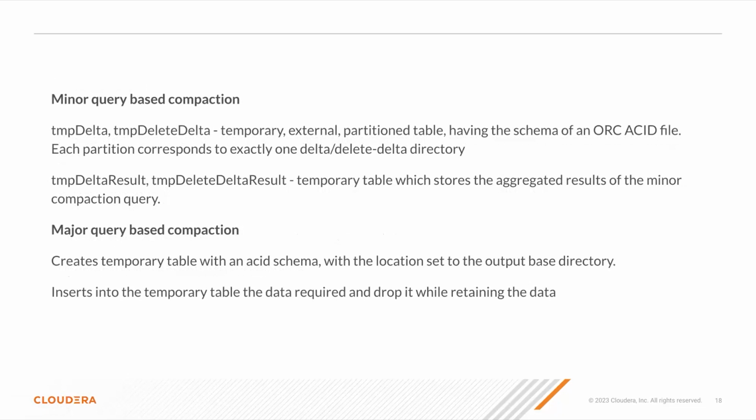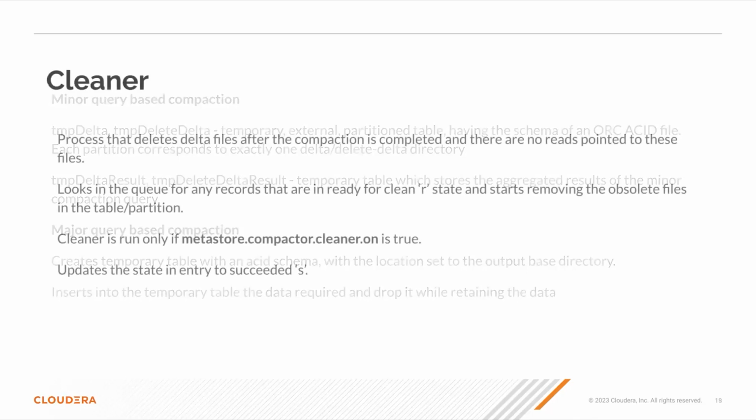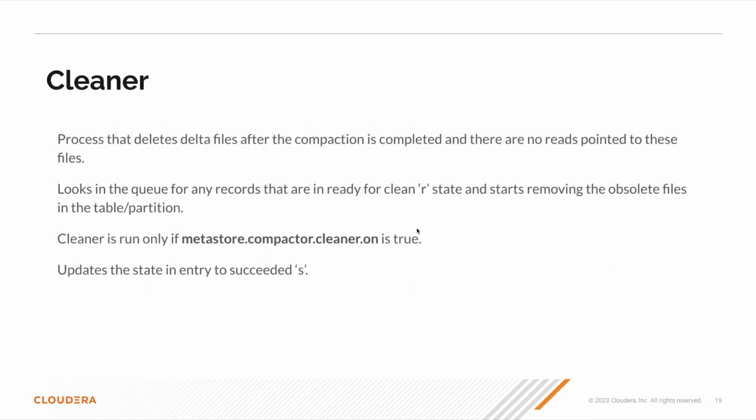We can clean all the delta directories which are not useful anymore, so it will be in ready for cleaning state. Now, what the cleaner does is it takes all the obsolete delta files which are not used anymore, which are already compacted, and the new directories we have, and it deletes the old files.